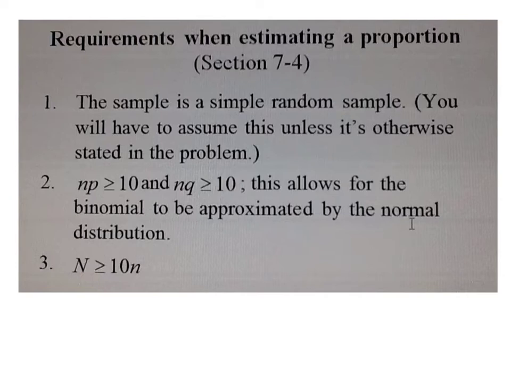So when this happens, you know that your critical values can be found using the z-distribution, the normal distribution. And those critical values are going to tell us how many standard errors we need to move in order to get the certain amount of confidence that we want in our interval.